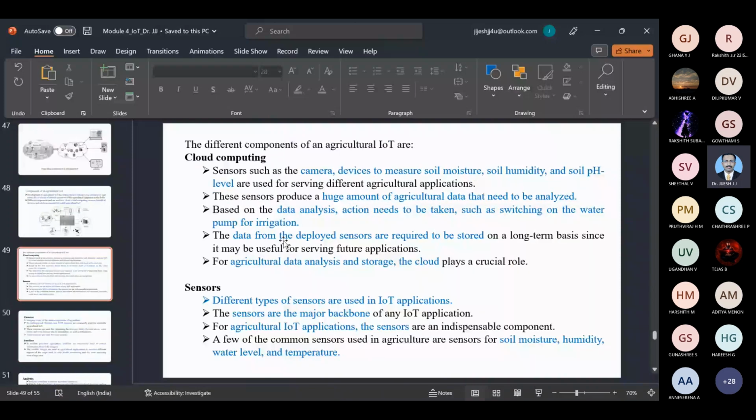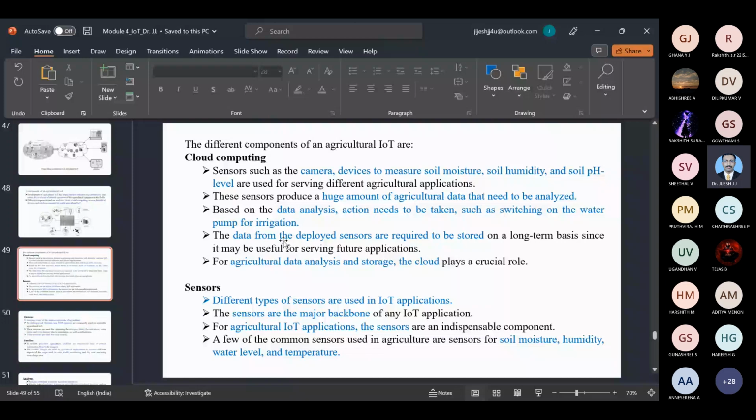The sensors, such as camera devices to measure soil moisture, as I discussed before, soil humidity, and soil pH level, play a major role in different agricultural applications. These sensors can produce a huge amount of agricultural data that needs to be analyzed.